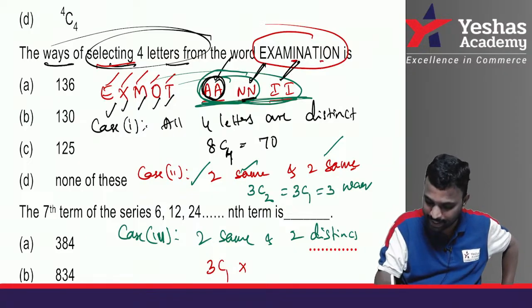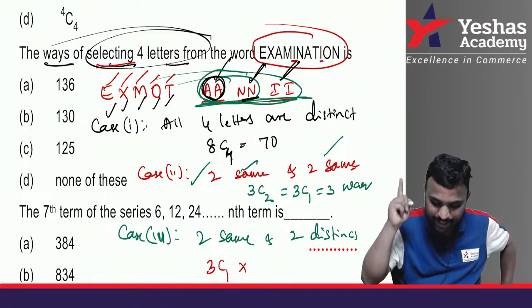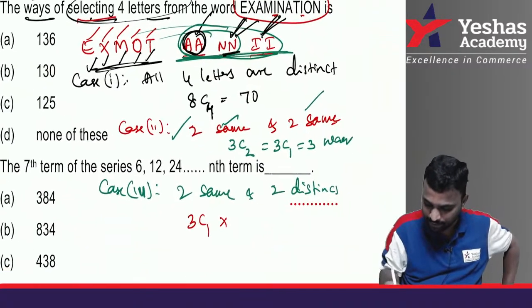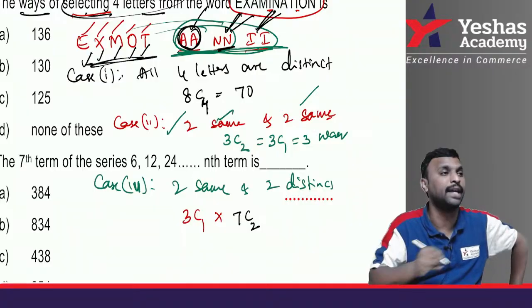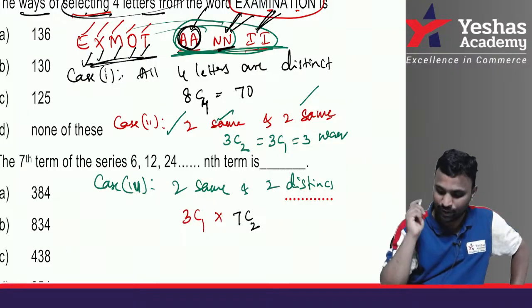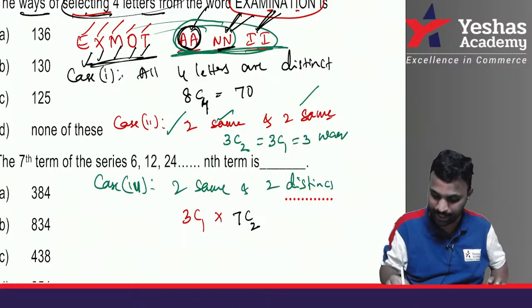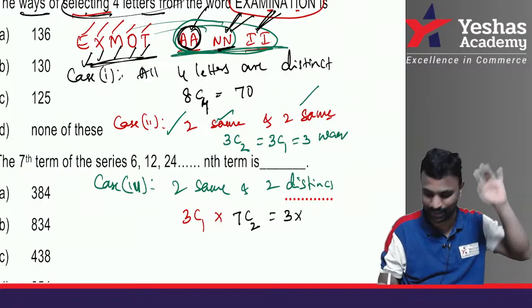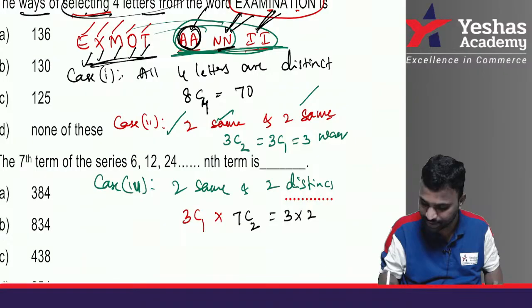If these 2 letters are remaining, obviously how many distinct letters are there? These are 5. 5 plus 2 are 7. From 7 letters, you have to select how many letters? 2 letters. So that makes it total number of 4 letters. Now what is 3C1? 3. 7C2 is 7 into 6 divided by 2, which is 21, which makes it 63.